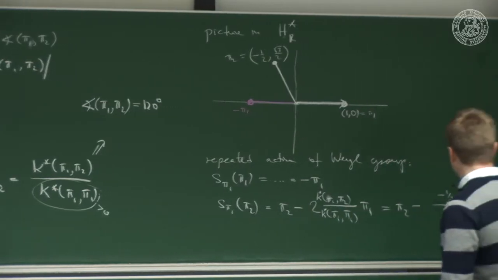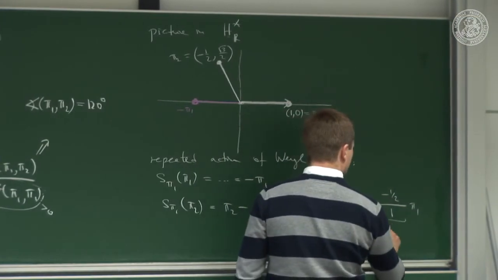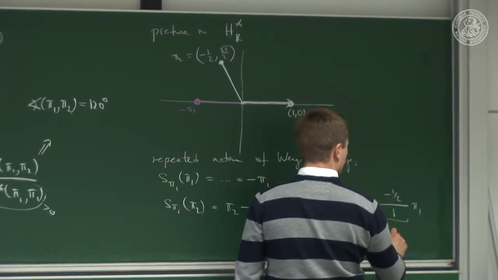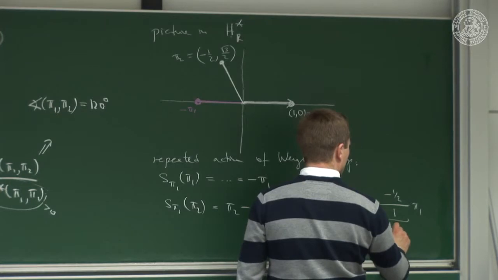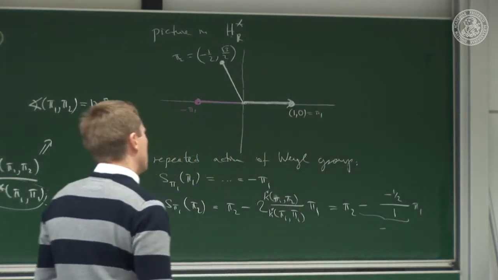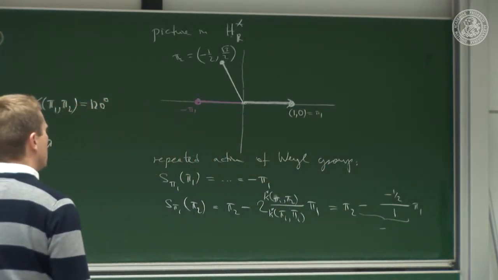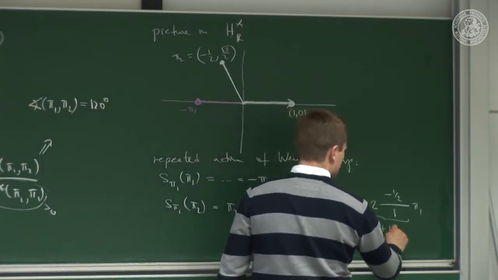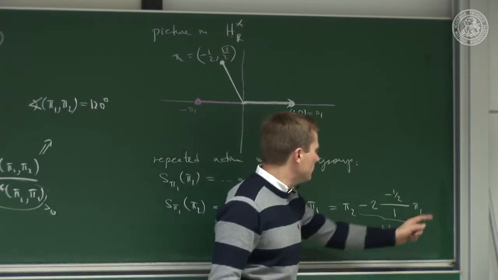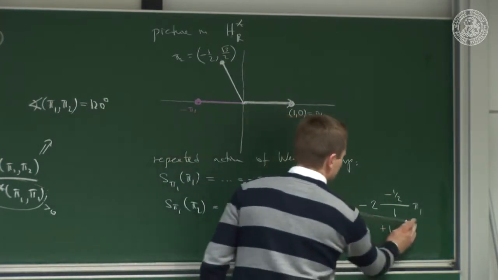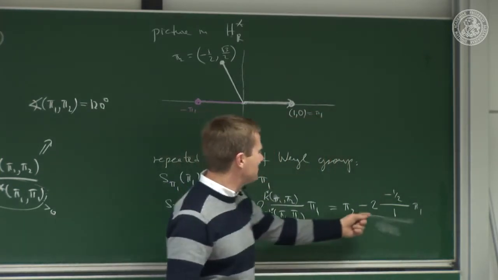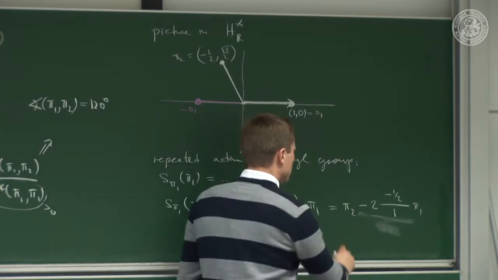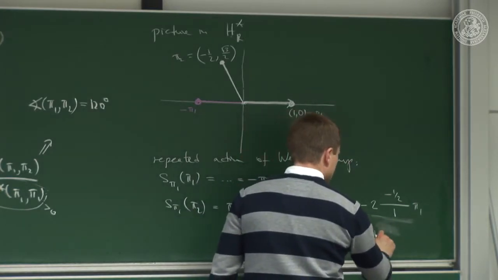But there's a 2 in front, I forgot the 2. So in this case it's just a plus 1. So it's pi2 plus, okay, the notation is not so good, you can do this elementary arithmetic. This is pi2 plus pi1.